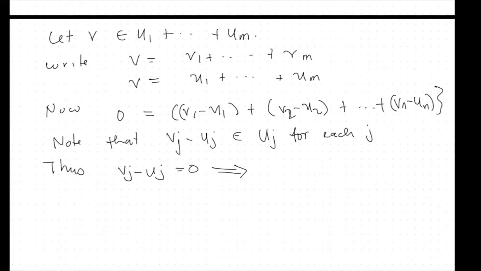This means that vj is equal to uj for all j. Thus, unique representation is satisfied. Okay, that's it for our direct sum.